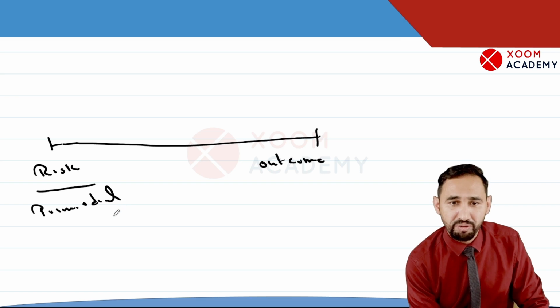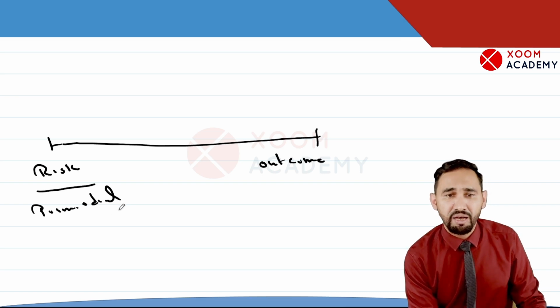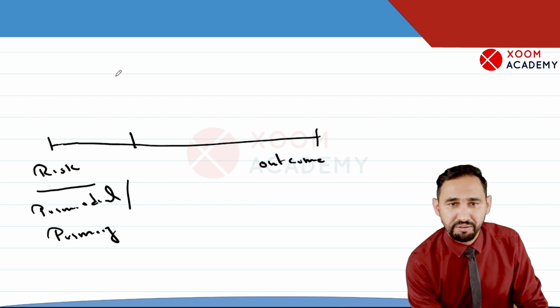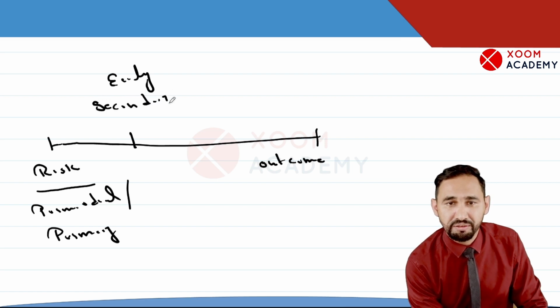And if we stop the progression of risk factor, or we stop the interaction of agent, host, and environment, we'll do primary prevention. And in early pathogenesis, we do secondary prevention. We have to diagnose the disease and treat the disease. And in later pathogenesis, we do tertiary prevention.